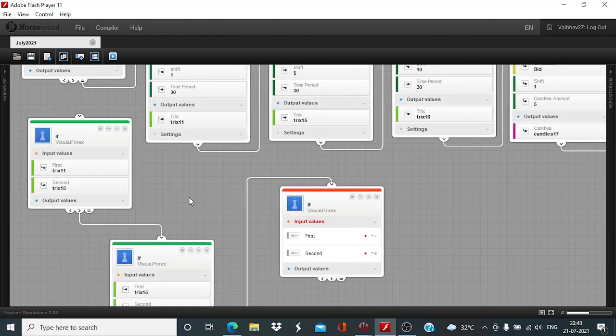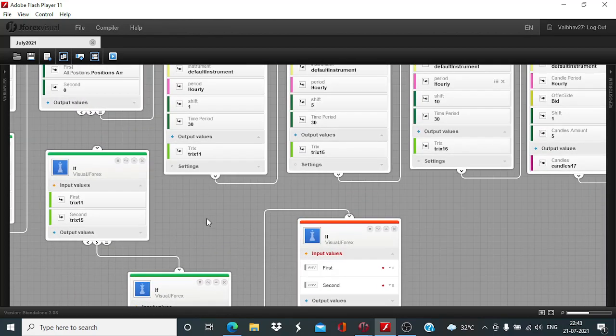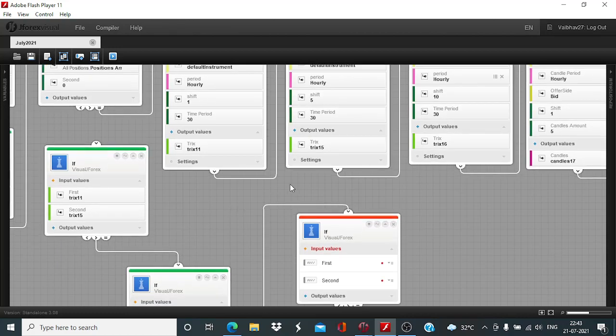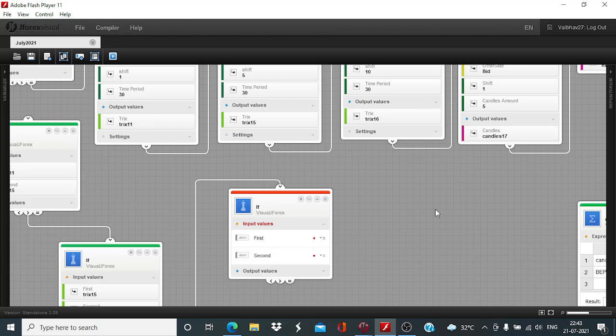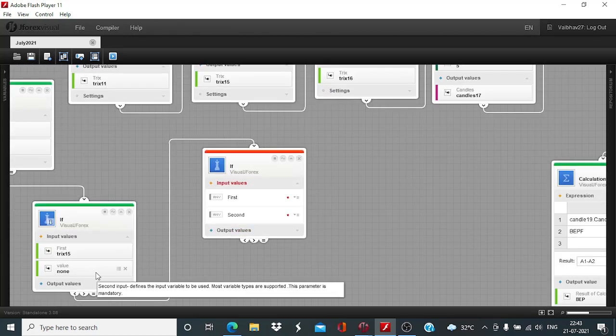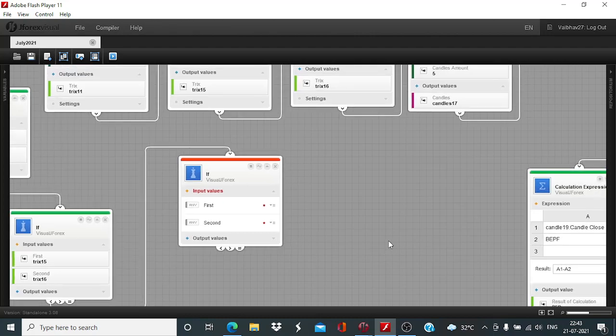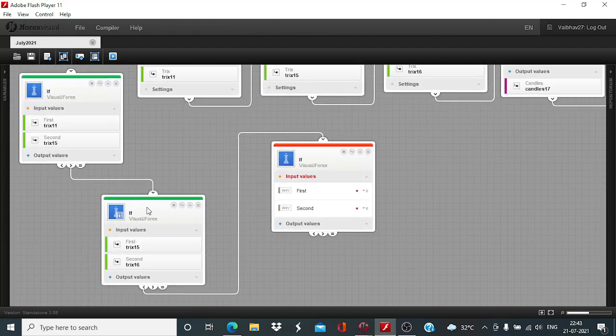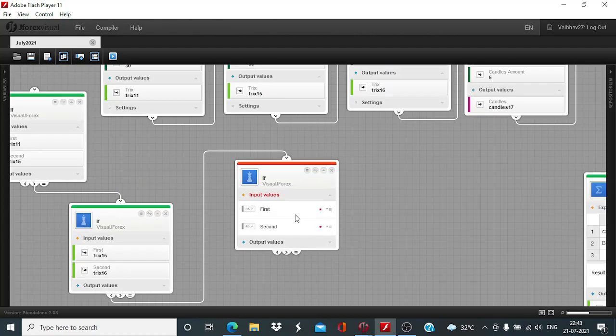So we have this combination of last hour's TRIX output value being higher than the output value 5 hours back, and the TRIX value 5 hours back being lower than the output of TRIX 10 hours back. So this is the minimum requirement, first requirement.